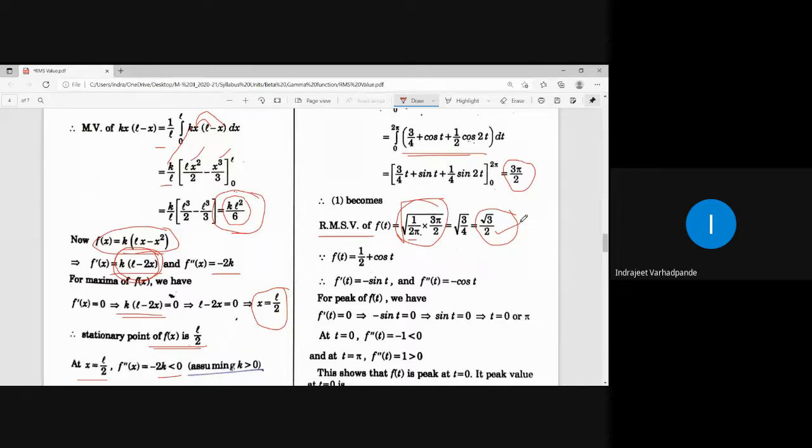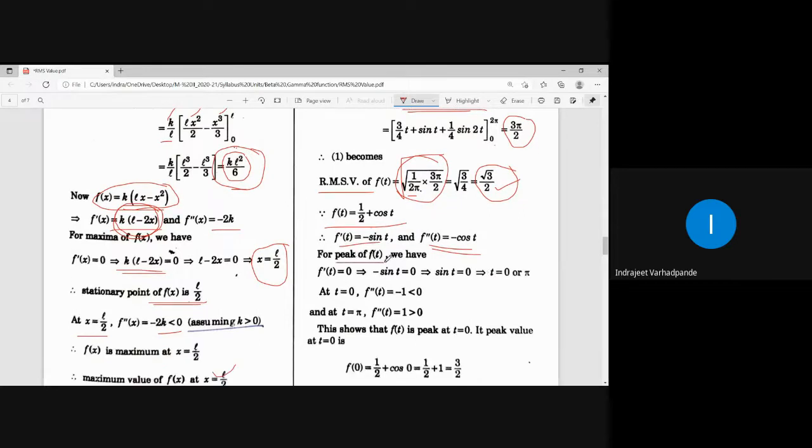Peak value means maximum value. For maximum value, consider the function f of t, get the first derivative f dash of t, which is minus sine t. Second derivative f double dash of t is minus cos t. For peak value of f of t, equate f dash of t as 0. Minus sine t is equal to 0 implies sine t is equal to 0.